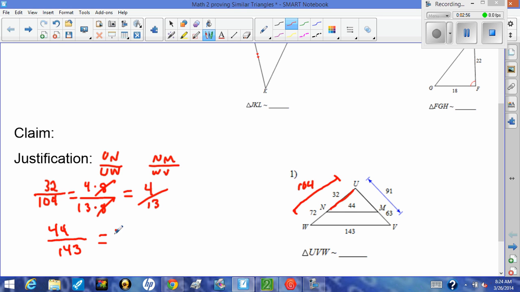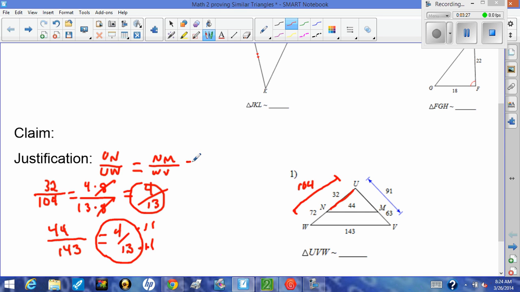For this to be similar, it has to be 4 over 13. So I'm going to think a little backwards here. What times 4 is 44? Well, we know that's going to be 11. Then our question is, is 11 times 13 143? With some quick mental math, we can see that is actually true, so it does have a common ratio of 4 over 13. And that shows us that these two sides are equal in terms of their ratio.